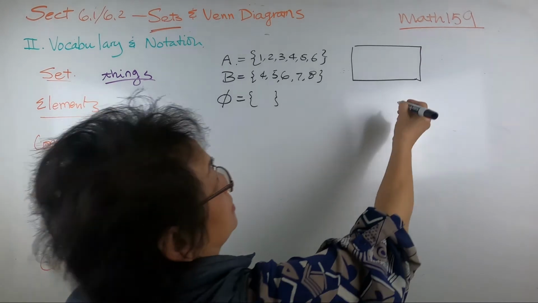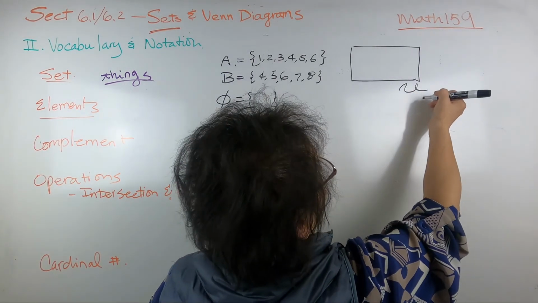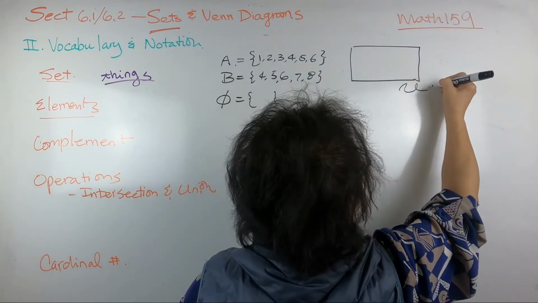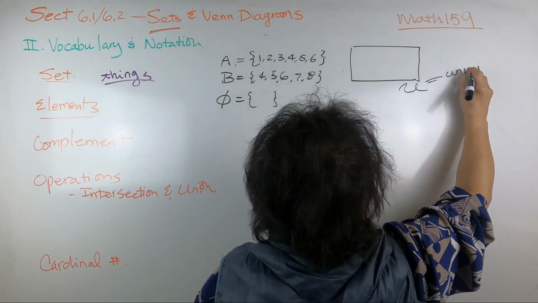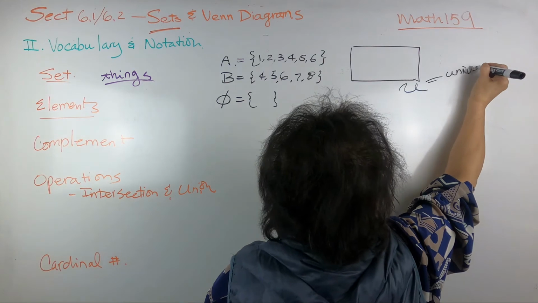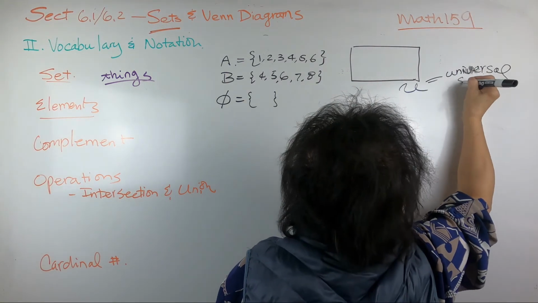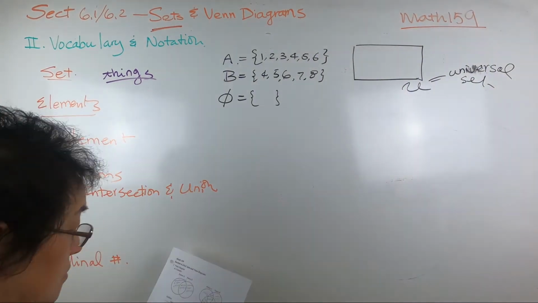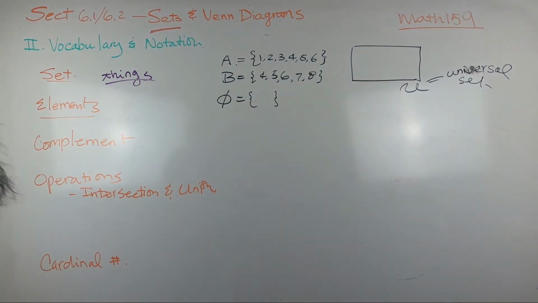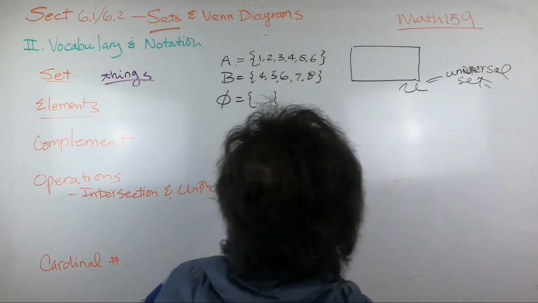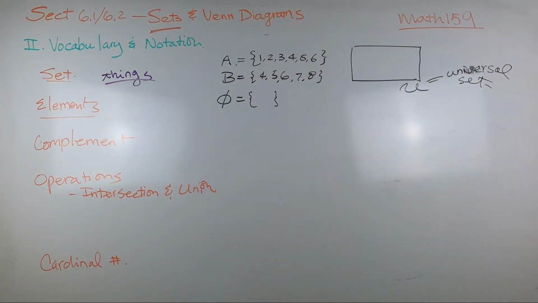I call this my universe. Then we call this one the universal set. Everything we deal with will be put in there. We call it U. That's the things we are dealing with. That's called sets. Then we use the curly bracket to show the symbol.